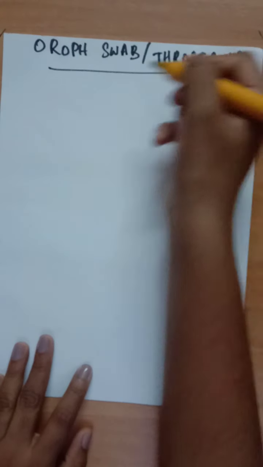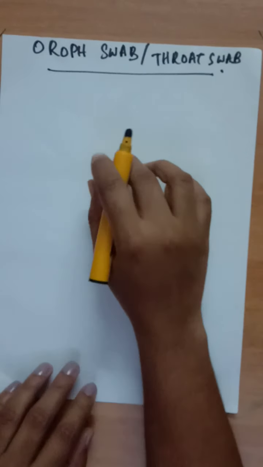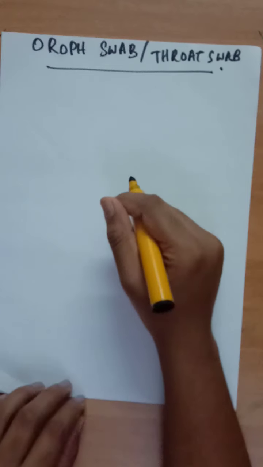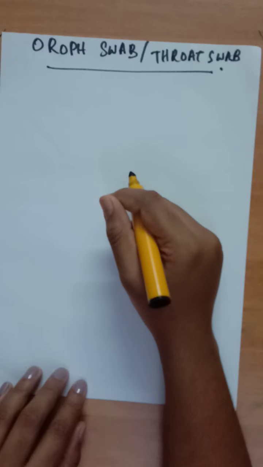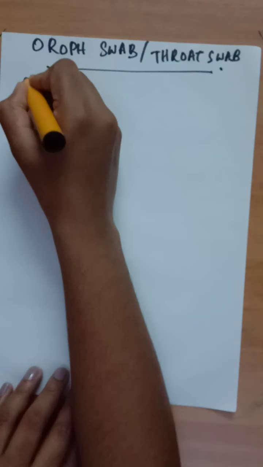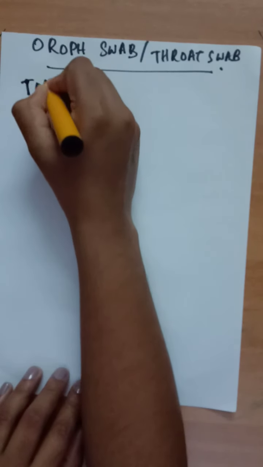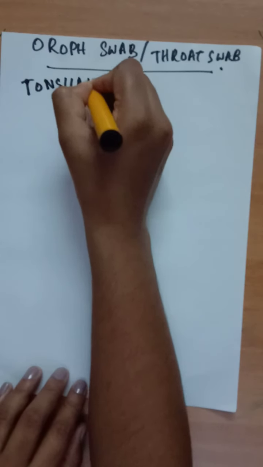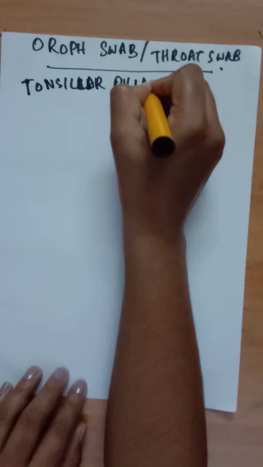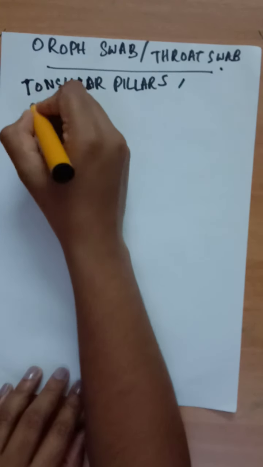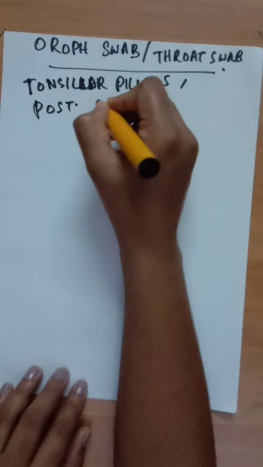In this we have to tilt the patient's head back 70 degrees and rub the swab over both tonsillar pillars and posterior oropharynx.